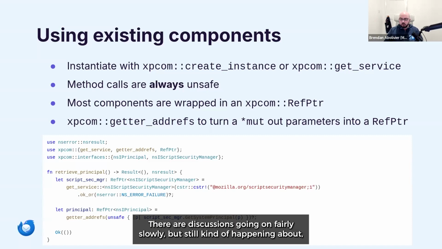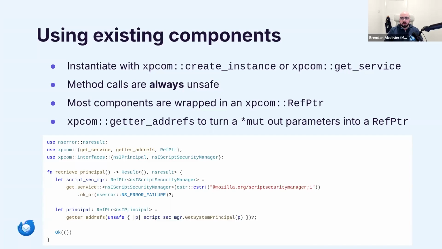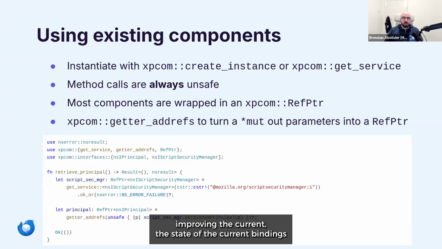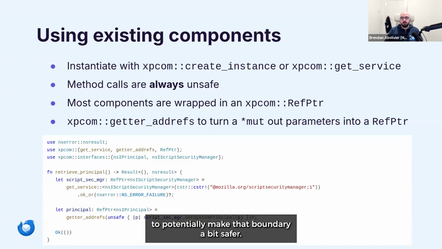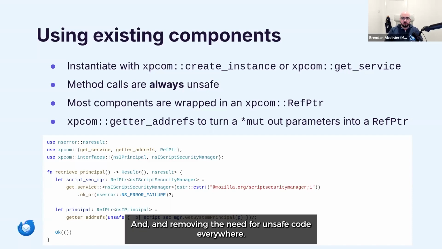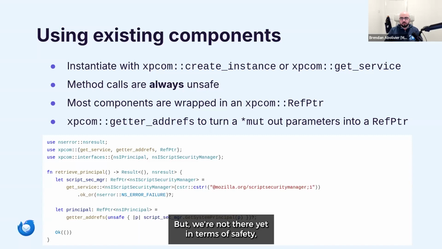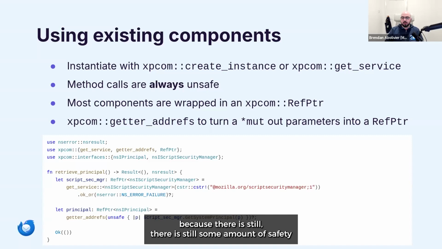The XPCom boundary at the moment is always unsafe. There are discussions going on, fairly slowly but still happening, about improving the state of the current bindings to potentially make that boundary a bit safer and remove the need for unsafe code everywhere. But we're not there yet. In terms of safety, there is still some amount of safety to ensure memory safety across that boundary.